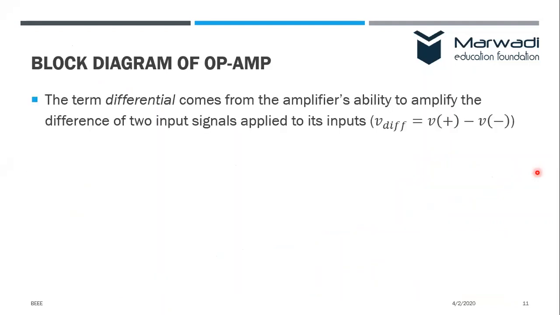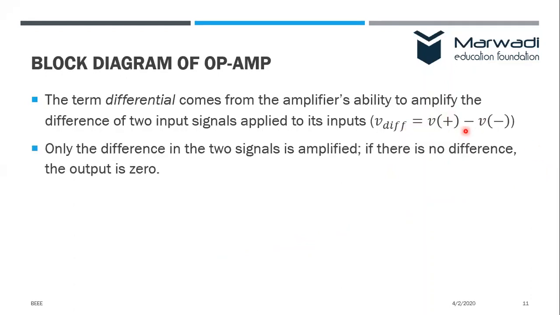Now the term differential comes from the amplifier's ability to amplify the difference of two signals, that is, V difference is equal to V plus minus V minus. Only the difference in the two signals is amplified. So if there is no difference, then the output will be zero, right?